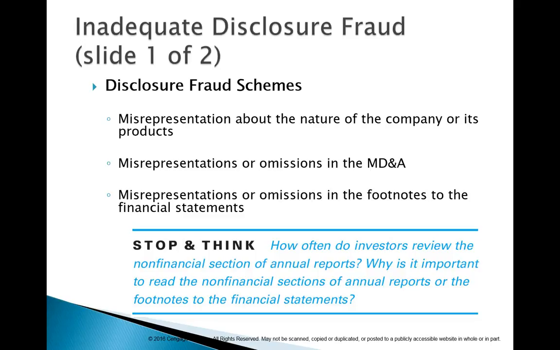If you read a 10-K, the financial statements don't start until Item 8. It's about halfway through, but the first half is management discussing things, and if they're making misrepresentations there, your job as an auditor is to read that MD&A.